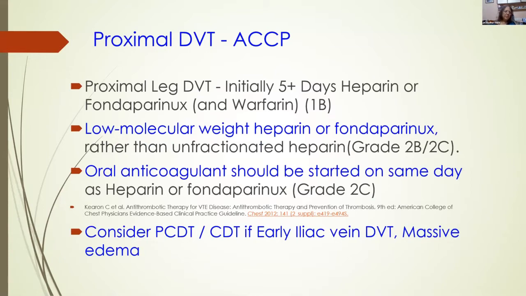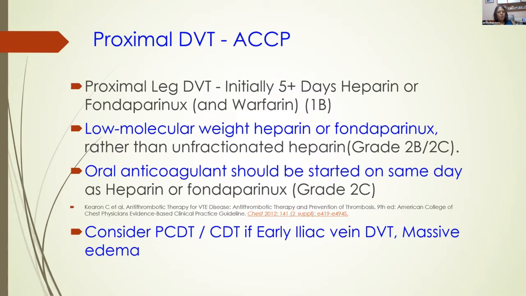Proximal DVT is defined as DVT above the knee vein segment. Above means above the confluence of the 3 veins in the leg, the formation of the popliteal vein upwards. The recommendation of ACCP is that initial 5 days at least of heparin or fondaparinux, along with starting of warfarin as vitamin K antagonist.